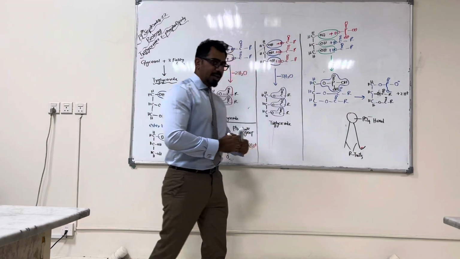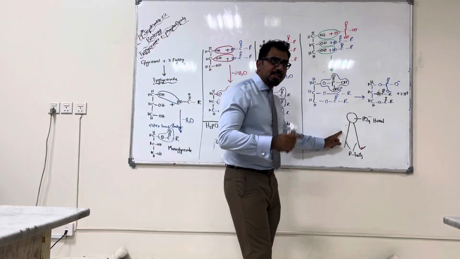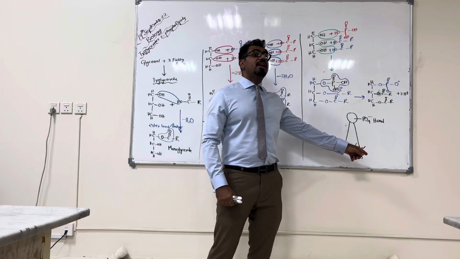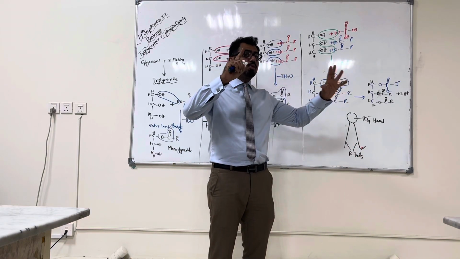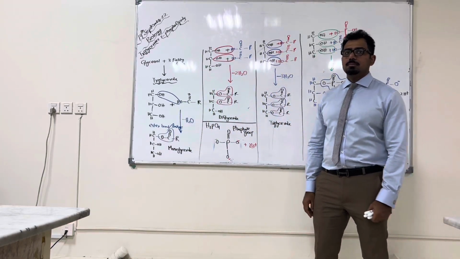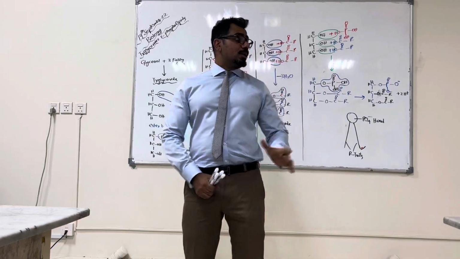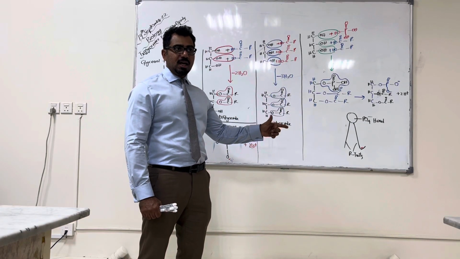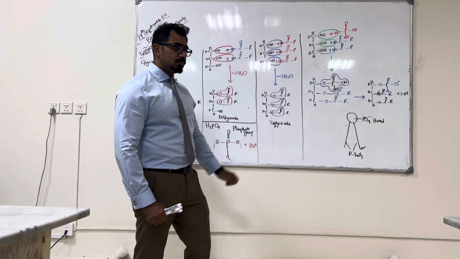So it is representing that one chain is saturated, a straight chain, and one chain is unsaturated, has one double bond, and where there is a double bond, there is a bend. Right? Now this is a phospholipid.